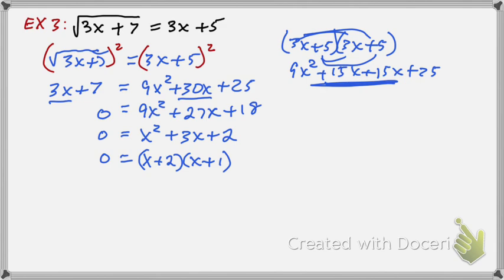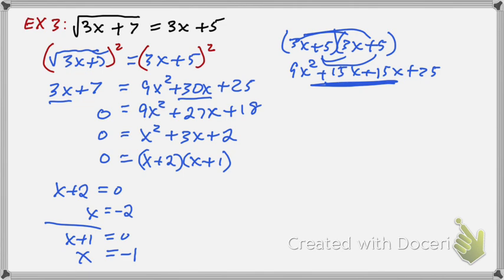I don't want to spend a whole lot of time on the factoring part because I'm hoping y'all are pretty decent at that at this point. So I'll set both of those to 0. One potential solution. Another one.